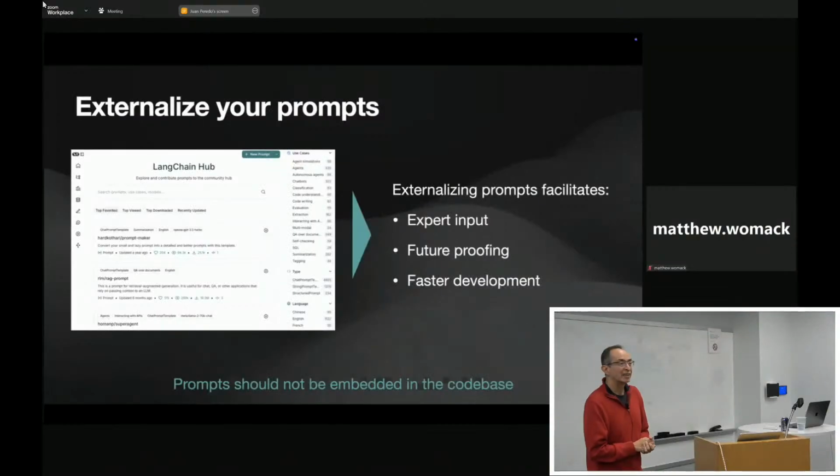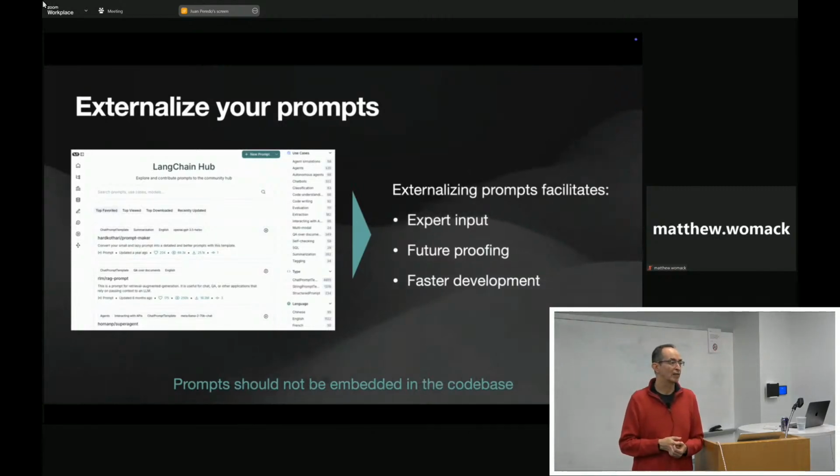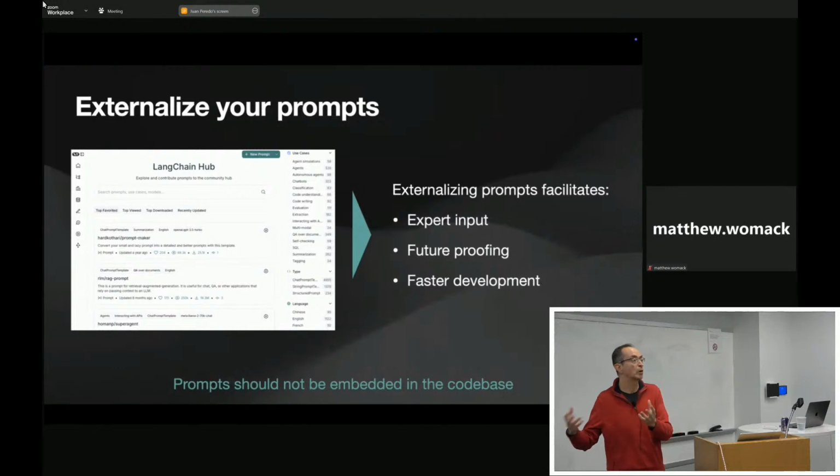Okay. Another thing that is very important when we're doing AI applications: externalize your prompts. It is very tempting and very convenient to just put your prompts in your code, and I know a lot of us do it. But if you put your prompts in your code, that means you cannot collaborate with people that are not coders. Your experts that know about the particular subject you're building the application for can't go into your code.